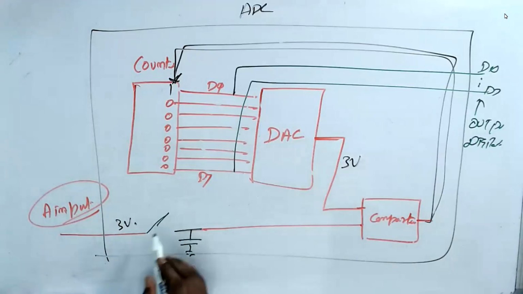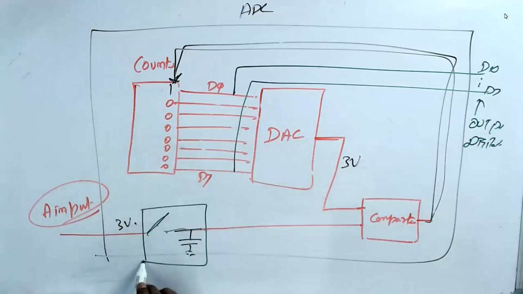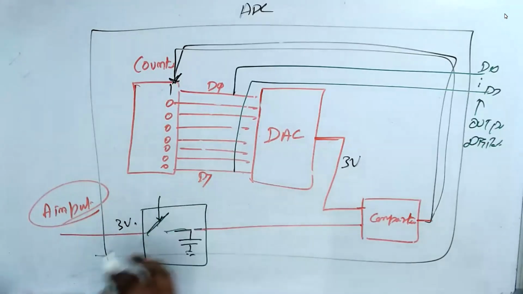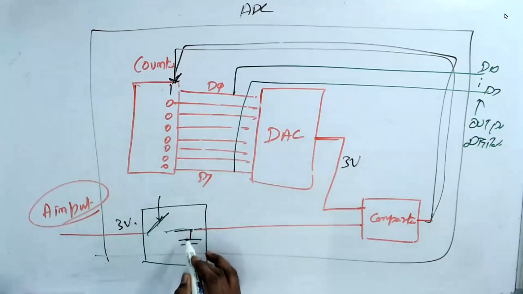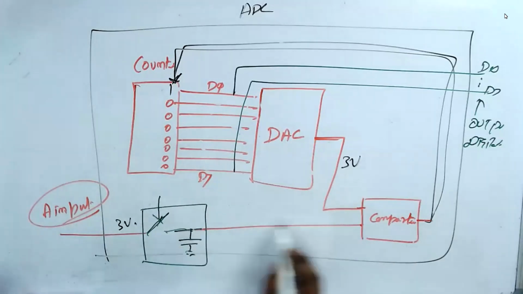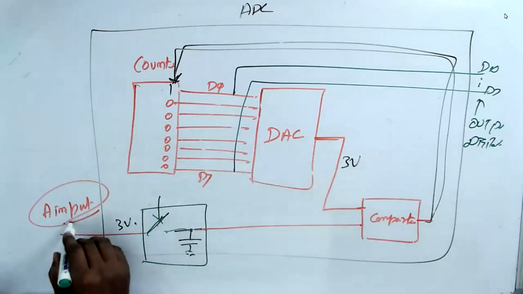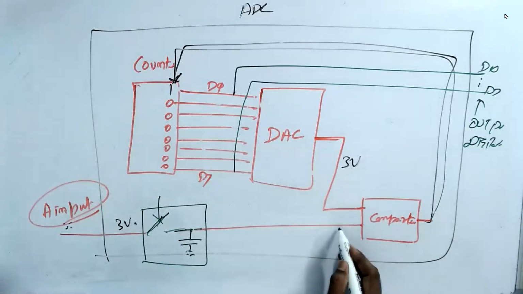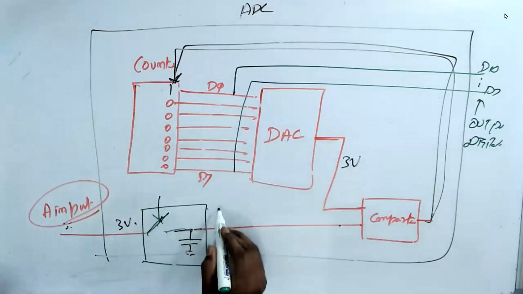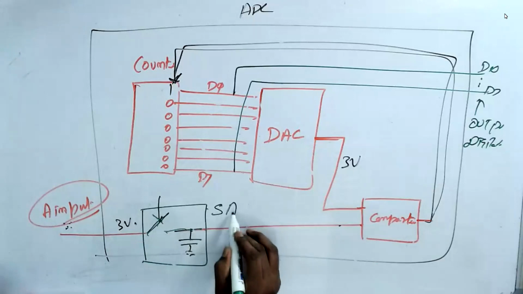Whenever I want a voltage, I turn on the switch, and that will charge the capacitor for some time. Then I turn off the switch, and then this voltage will be compared. So even if the input changes, this voltage will be the same.